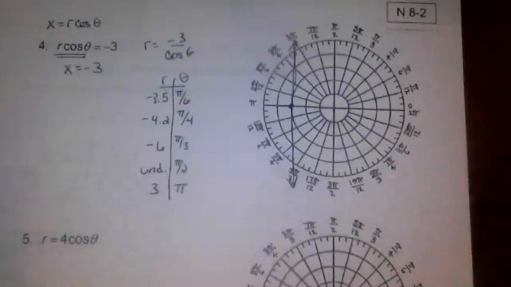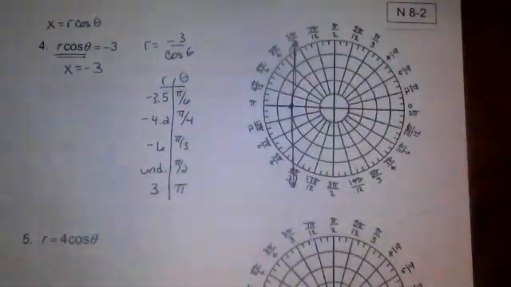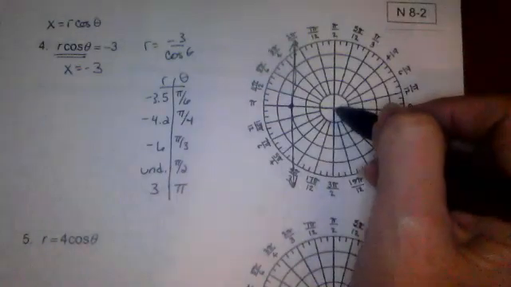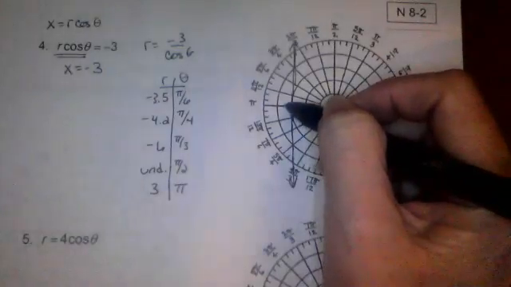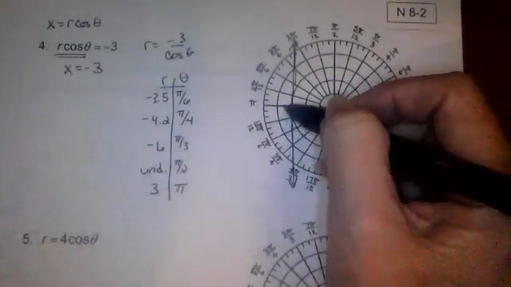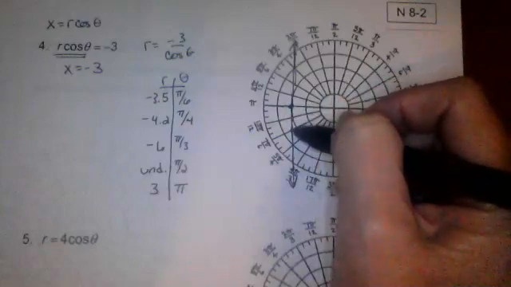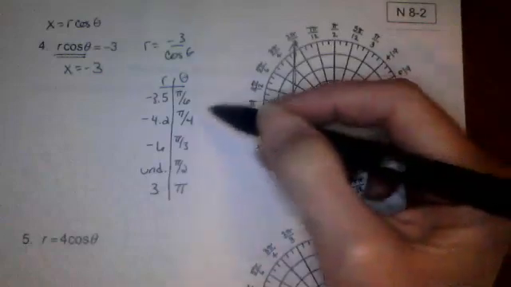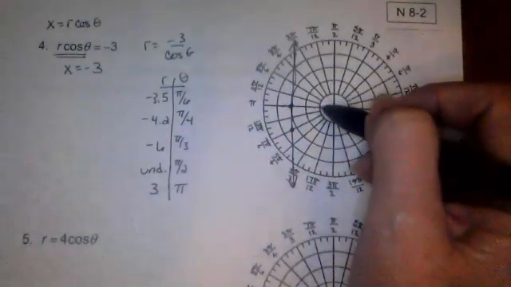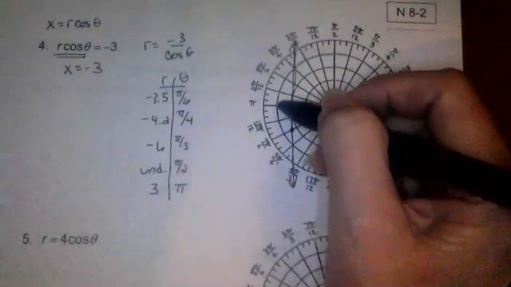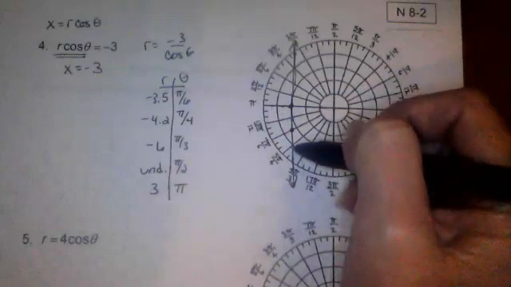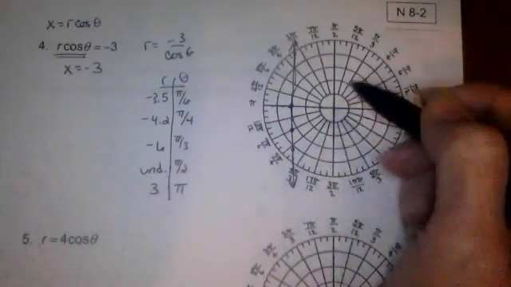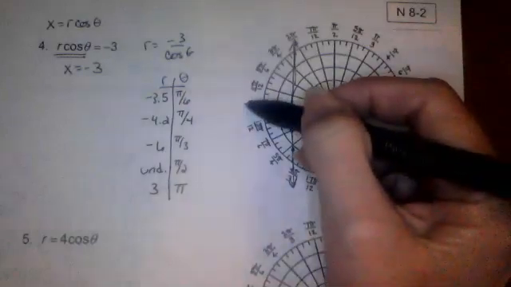So, all right, that gives us some points that we can plot just to ensure that this really is what we're supposed to get. So we go -3.5, and then we're supposed to go pi 6, which will put us right here. -4.2, so 1, 2, 3, 4.2, pi 4ths, right in here. -6 is going to put us off the graph.